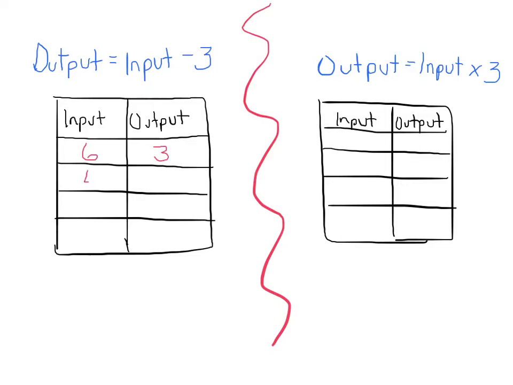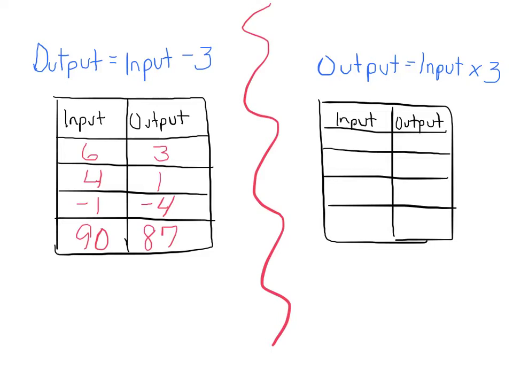If my input is 4, I subtract 3, I get 1. If my input is negative 1, I subtract 3, I get negative 4. If I put in an input of 90, I get an output of 87. So I'm just subtracting 3 from whatever number I input into the equation.